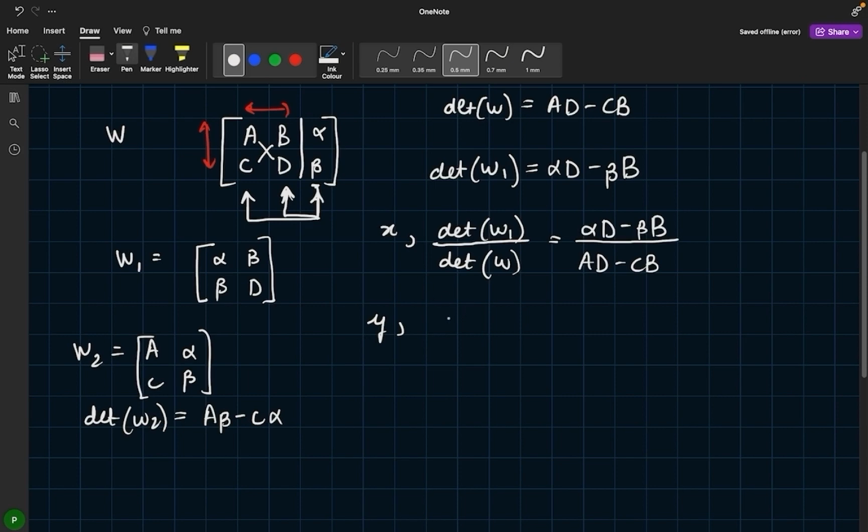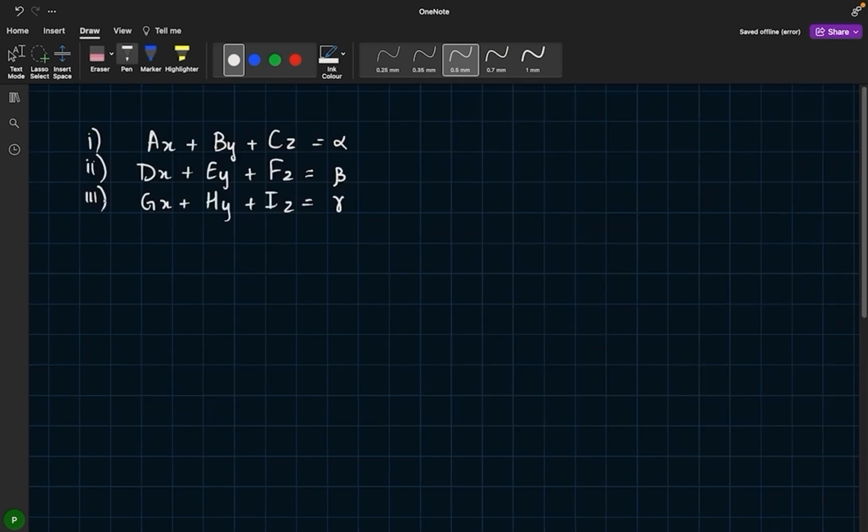So y is the determinant of W2 divided by the determinant of W. You get A beta minus C alpha divided by AD minus CB. Cramer's rule works for however many simultaneous equations you have.